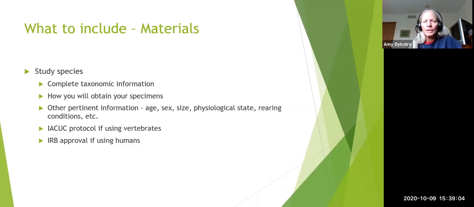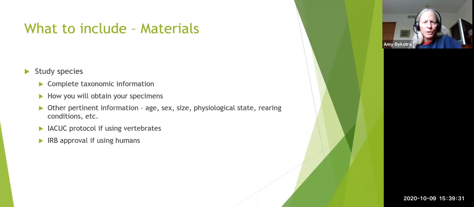If you are using vertebrates, you will need to have a protocol approved by the Institutional Animal Care and Use Committee. And Bethel University has an IACUC committee that meets regularly, I think once a month. And so you'll need to include that in your planning if you plan to use a vertebrate.